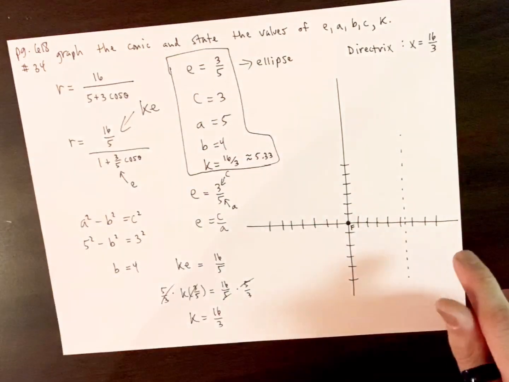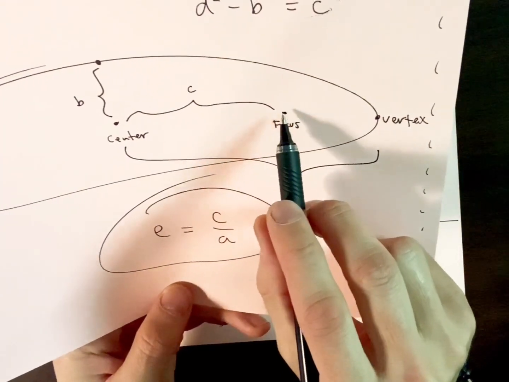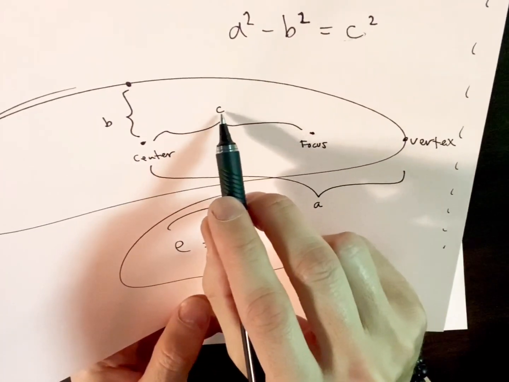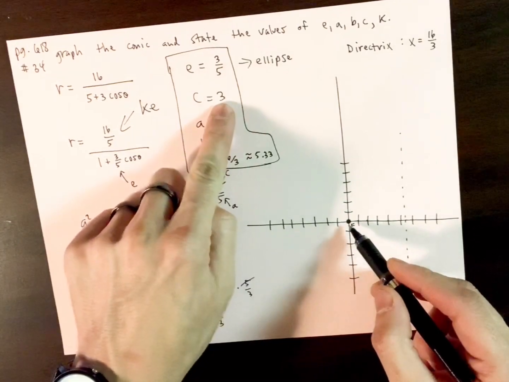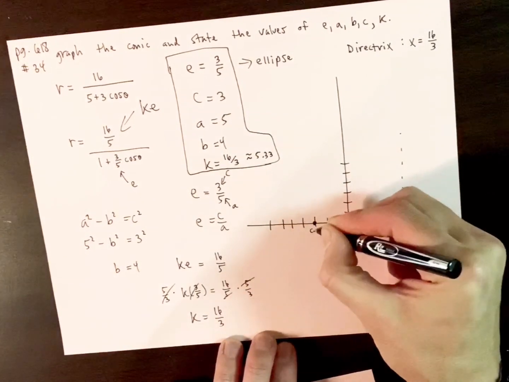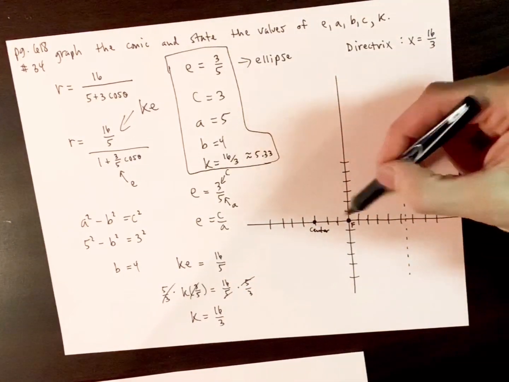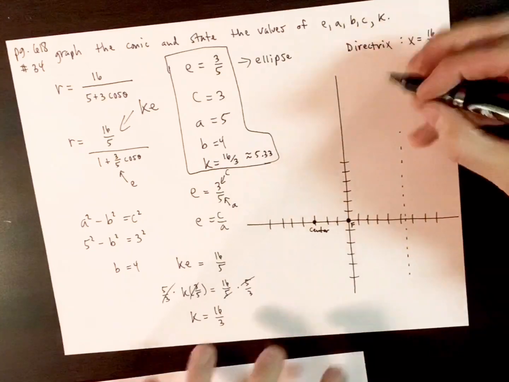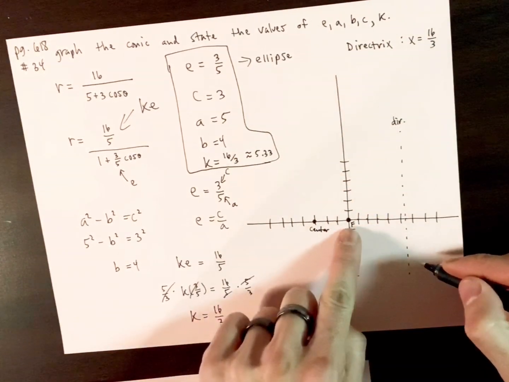Now, how do I use A, B, C, and D? Well, remember that if you have a focus, your center is gonna be C spaces away. So here's my focus, and my C value was 3. So I have to go 1, 2, 3 spaces this way. And that's gonna be the center. Now, I move to the left and not to the right because this is the directrix, and this is my focus.